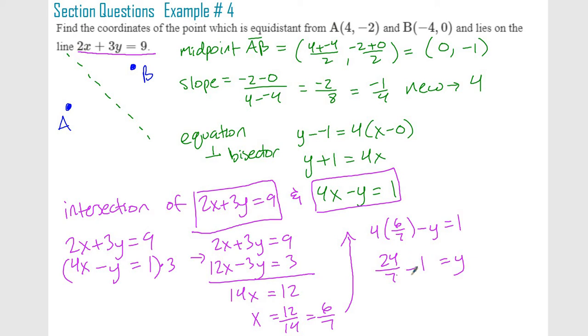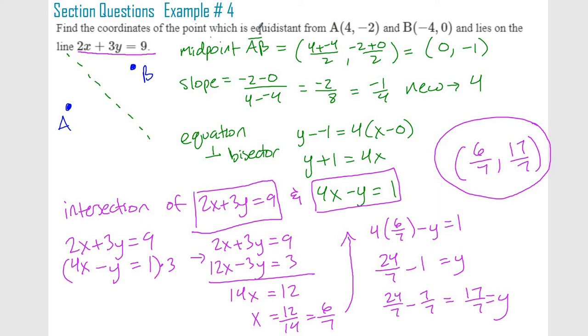All right, so I want to add or subtract these, so think of this as minus 7 over 7. So that gets us 17 over 7. So remember, this was your y, and that was our x. So the point is 6 over 7, comma 17 over 7.